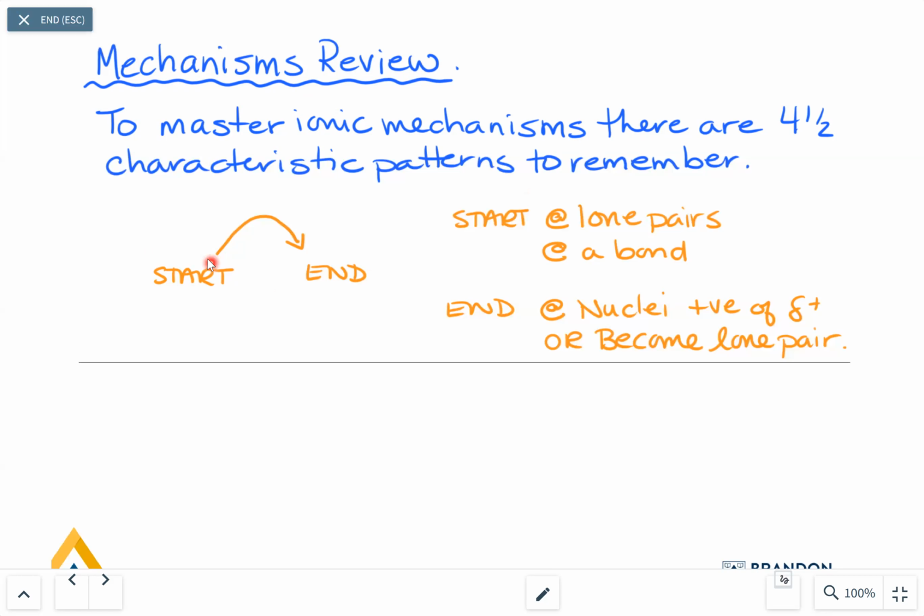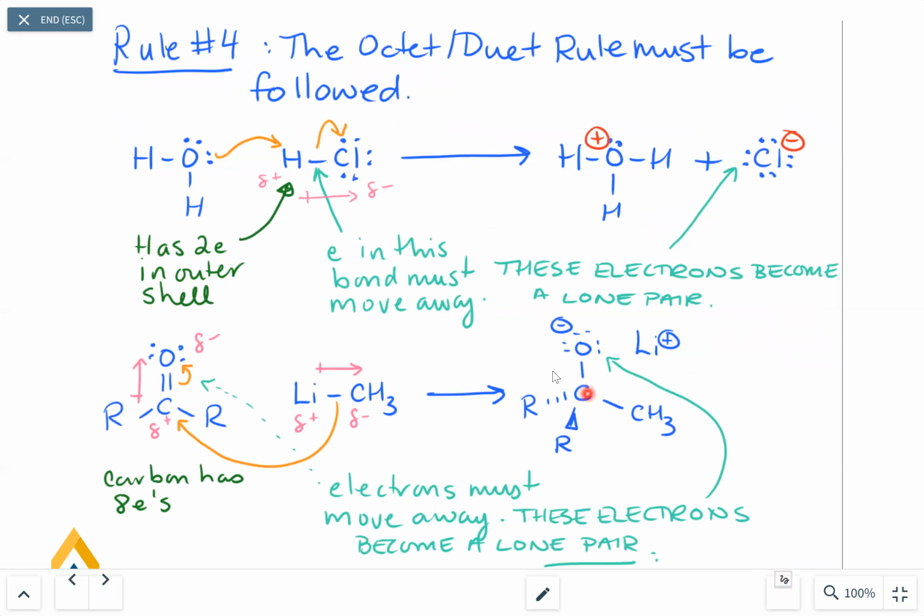You start where there are lone pairs or a bond, pi bond or sigma bond, and you end at the electrophile, or at the nucleus itself, which has a positive charge or a delta positive. Or at the end, you can actually become a lone pair. That was this example here. So this arrow goes onto the oxygen to become a lone pair.